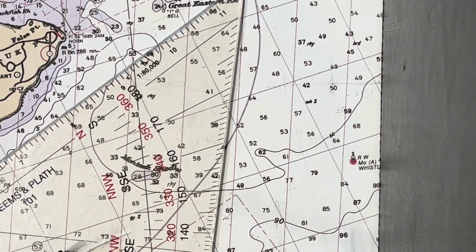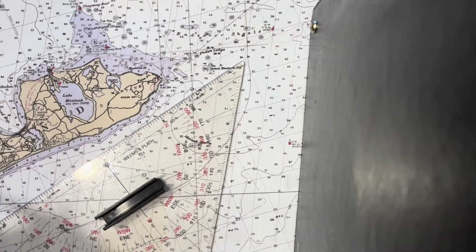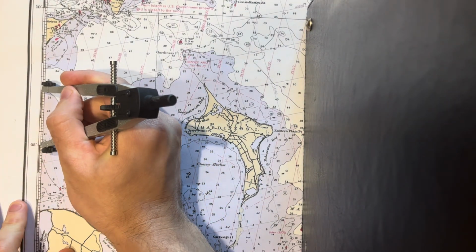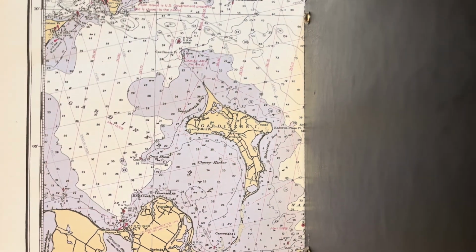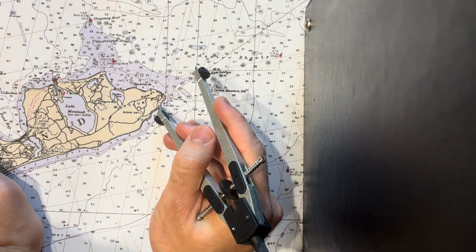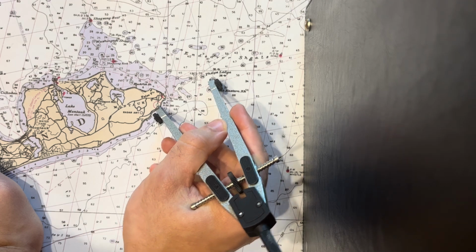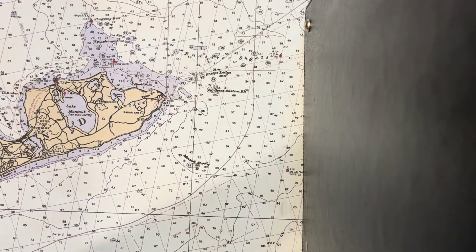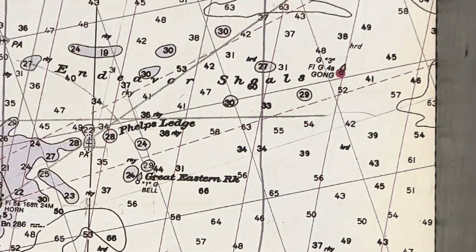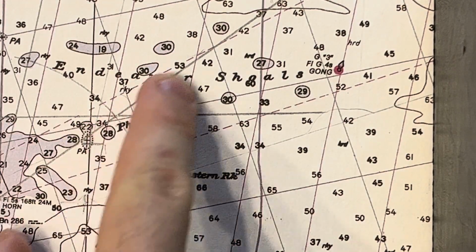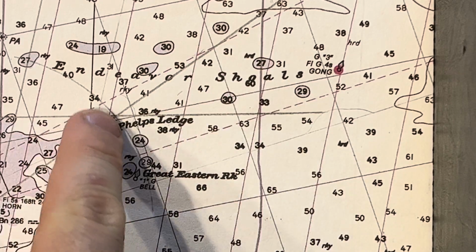So if you then went to your range scale and measured out just about 2 nautical miles right here, and then brought that back over and centered one of your ends at the beacon, and then drew an arc in the general area that you're looking for, you can see that that arc right here intersects your first line of position and your second line of position almost perfectly.